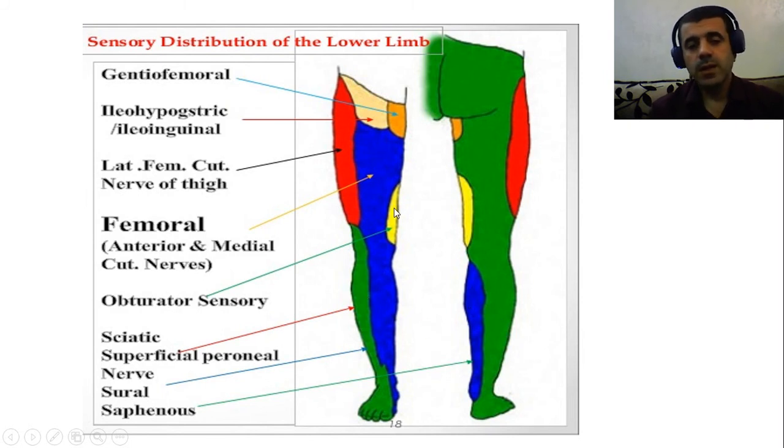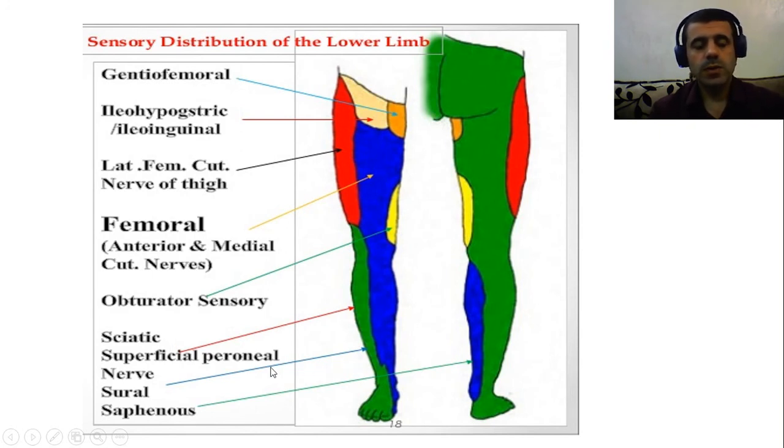The yellow area is supplied by the obturator nerve, while the sciatic nerve supplies most of the skin of the lower limb posteriorly, as we say, the green area, and also the lateral aspect of the leg and the dorsum of the foot, the lateral aspect of the foot.